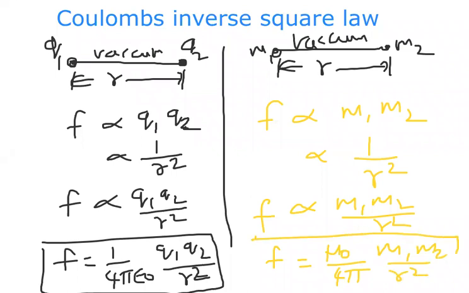This is the magnetic force between the two poles. F is the force of attraction or repulsion between two magnetic poles. It is directly proportional to the product of the pole strengths and inversely proportional to the square of the distance.